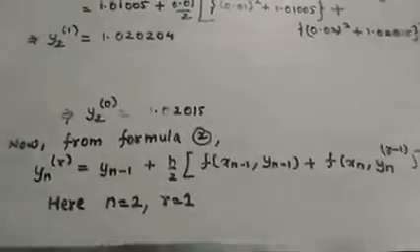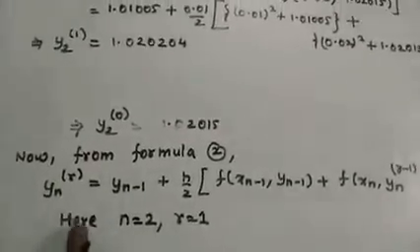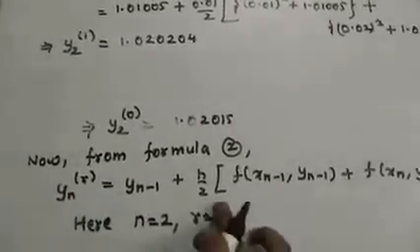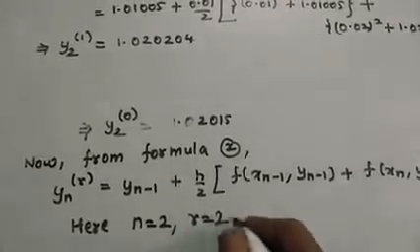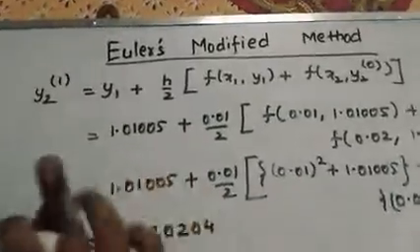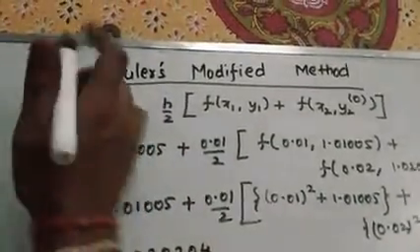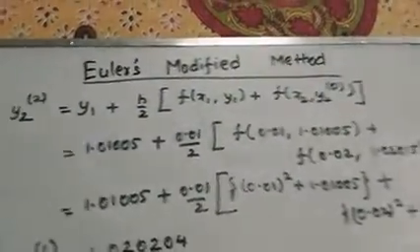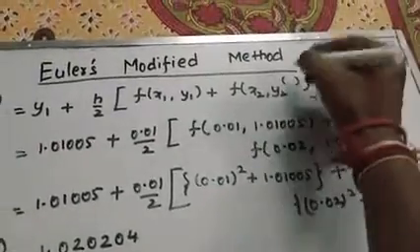Now we have to modify it further. In place of r, we now put 2. The formula remains the same, just the power changes: r becomes 2 and r minus 1 becomes 1.